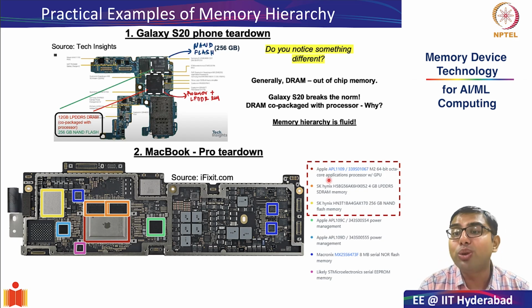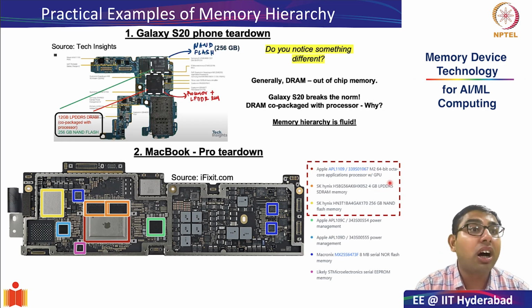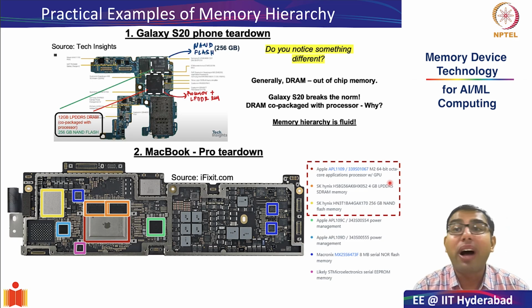What is very interesting to see also is that this 8 core also has a GPU or a graphics processing unit. Why does this graphics processing unit become very important in modern day chips? It is because graphics processing units essentially accelerate matrix multiplications, specifically vector matrix multiplications.